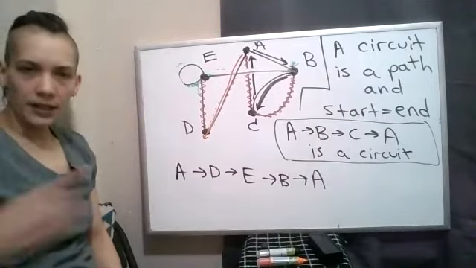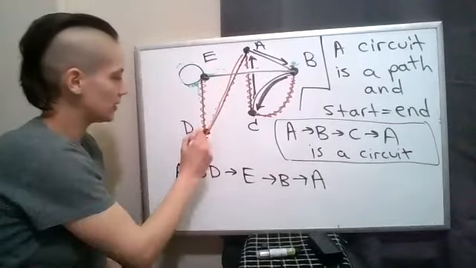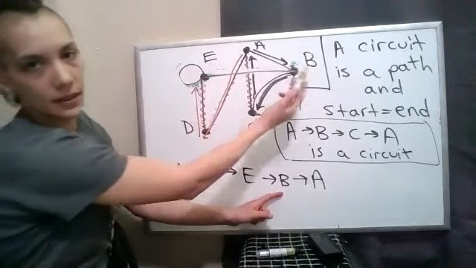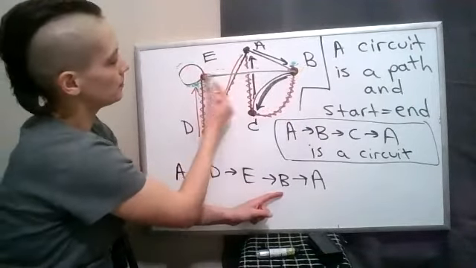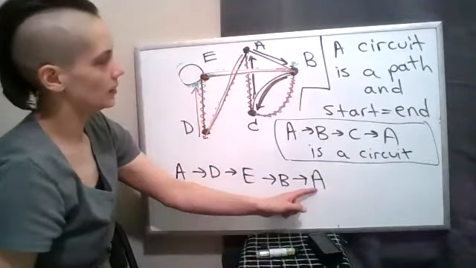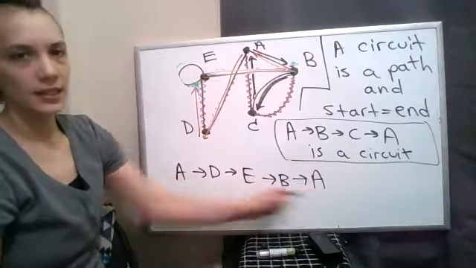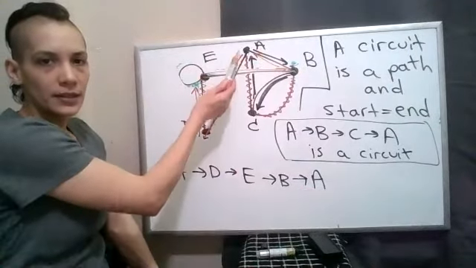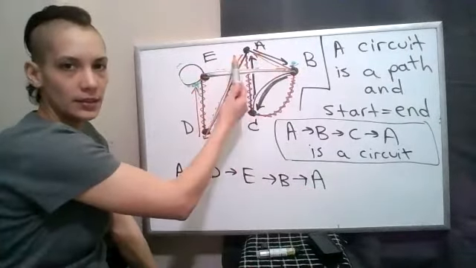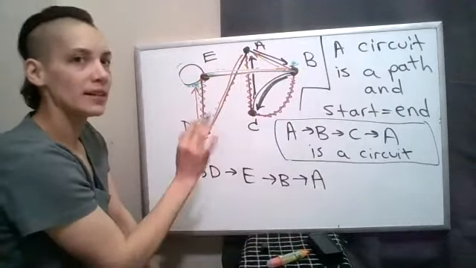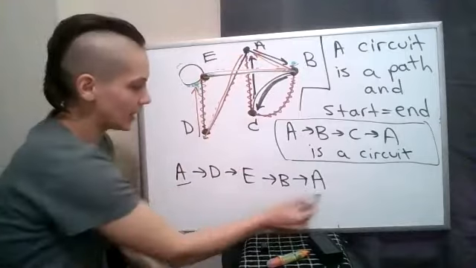Over to E, just upwards. That's going to send us to B and to A. Cool. We went and did this route, which is the path. Oh, actually, it's not only a path, it's a circuit. We started where we ended, and it was also a path.